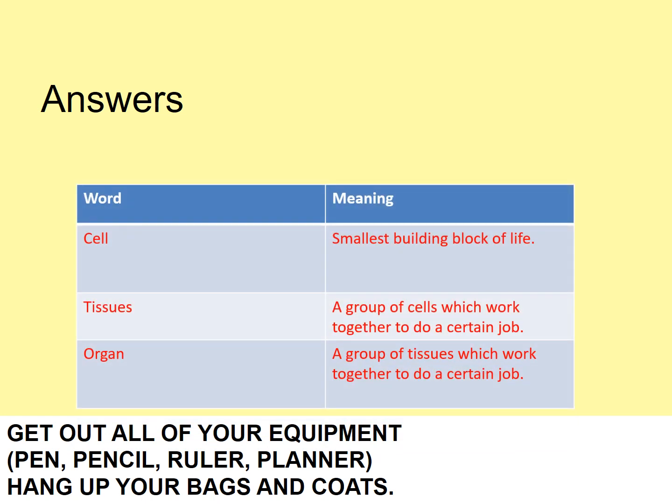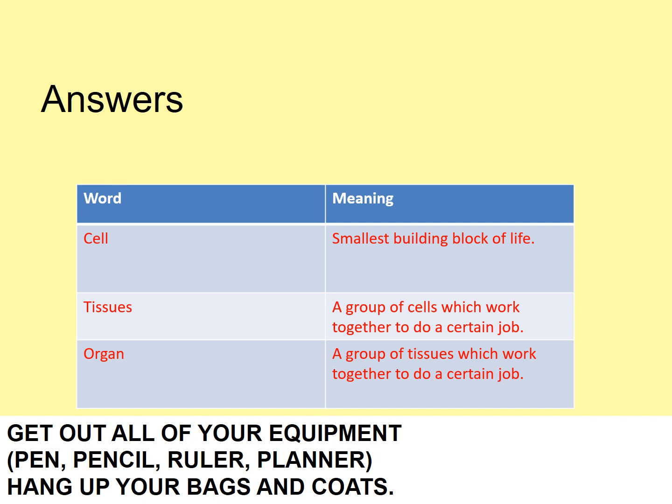A cell is the smallest building block of life. Basically, all living things are made up of cells. You're made up of about 37 trillion cells. A tissue is a group of cells which work together to do a certain job. So, muscle is a type of tissue. It's made up of lots of muscle cells which all stretch, contract, and relax to move your arm and move your fingers.